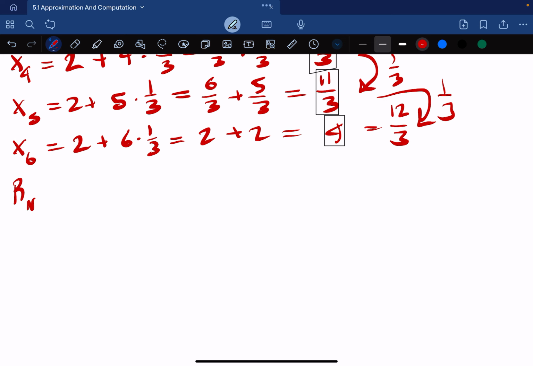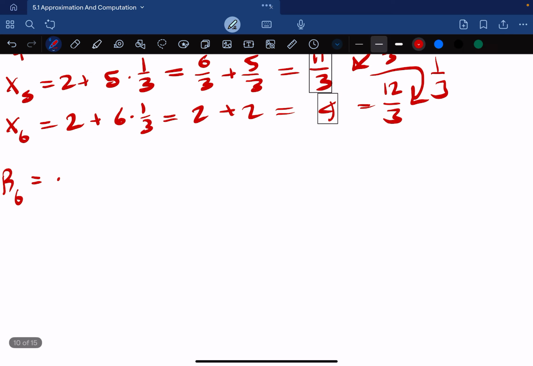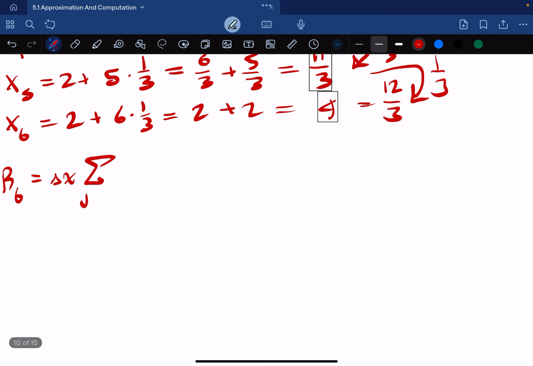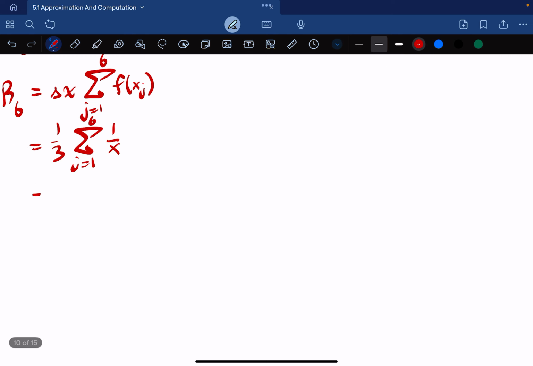So r of n, in this case r of 6, is going to equal delta x times the summation from, because it's the right endpoint, j equals 1 to n, in this case 6, of f of x of j, which simplifies into 1 over 3 times the summation from 1 to 6 of 1 over x.